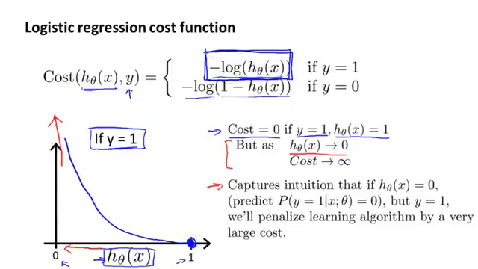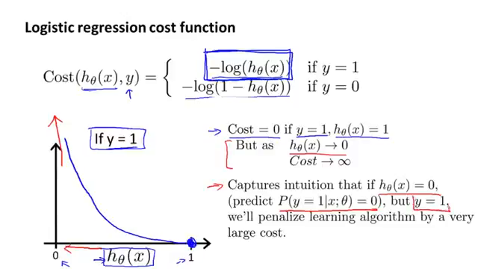And what this does is it captures the intuition that if a hypothesis outputs 0, that's like saying the chance of y equals 1 is equal to 0. It's kind of like going to a medical patient and saying the probability that you have a malignant tumor, the probability that y equals 1, is 0. So it's like absolutely impossible that your tumor is malignant.